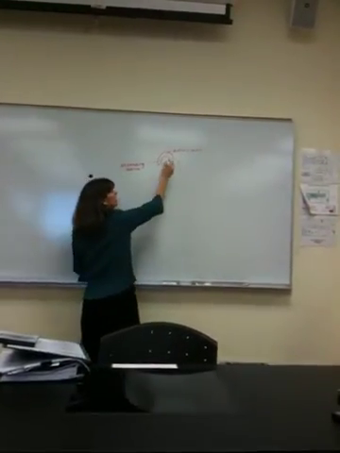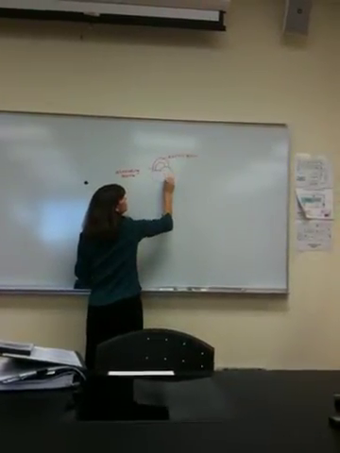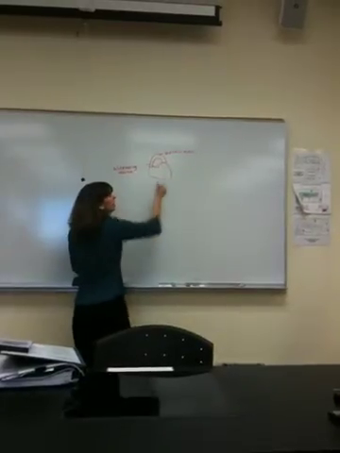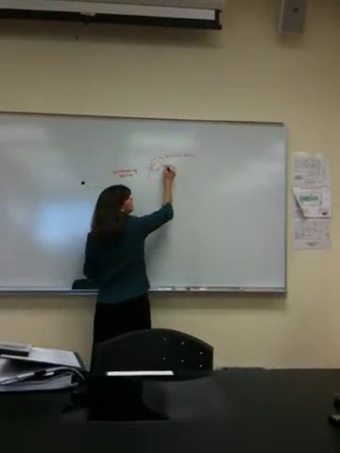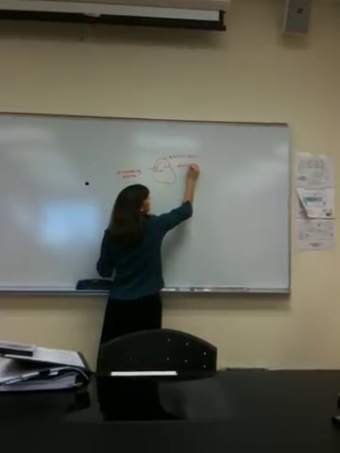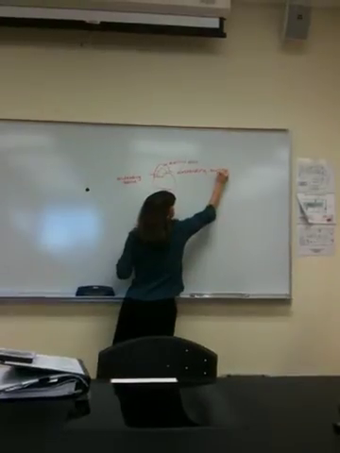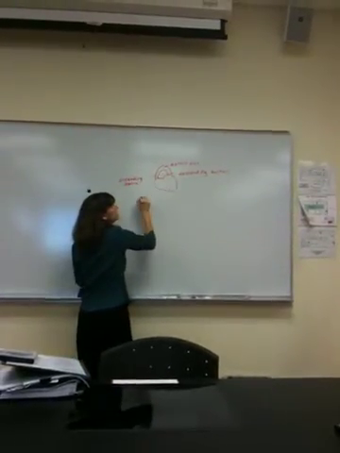This part of the artery, it goes behind the heart. That's why I'm drawing the little dotted lines to show that it's going behind the heart. This part that goes down, let's call that descending aorta.